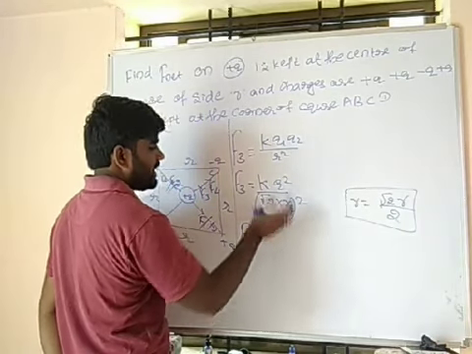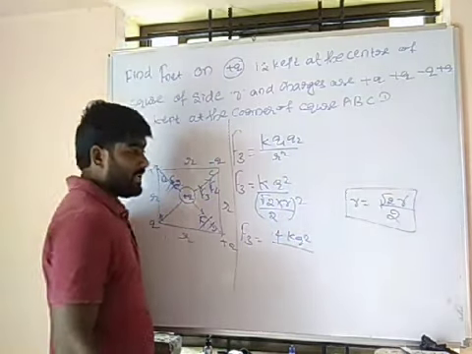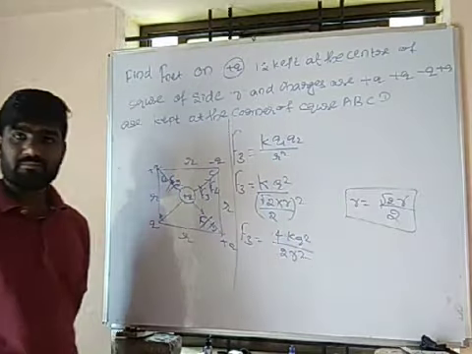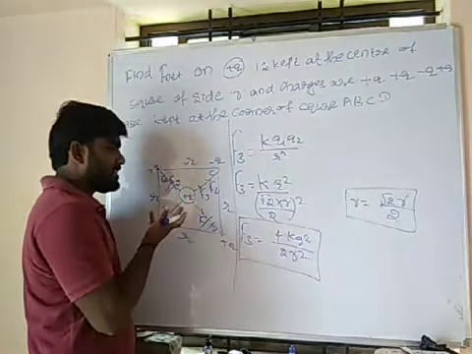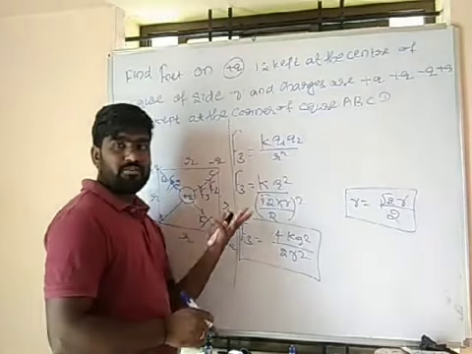Then F3 is equal to K, writing directly, 4 q square divided by 2r square. Then F3 I have calculated. F4 is also the same because both are in the same direction, so F3 is equal to F4.